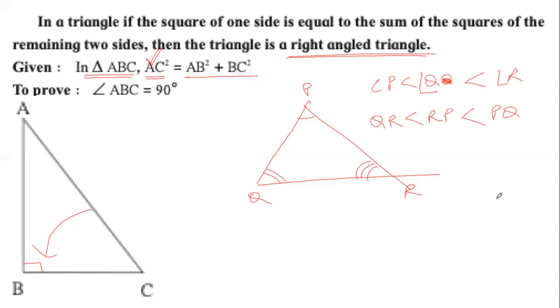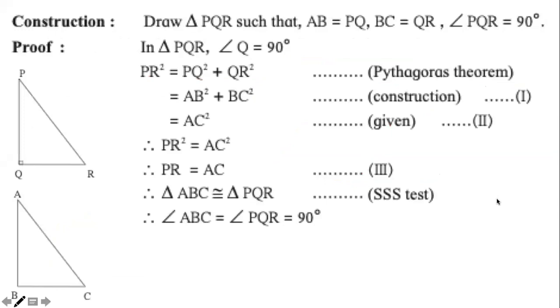The proof of it will depend on an indirect method. Very nicely, the proof is given in the textbook. Complete proof is given. I have nothing more to add, but simple explanation.